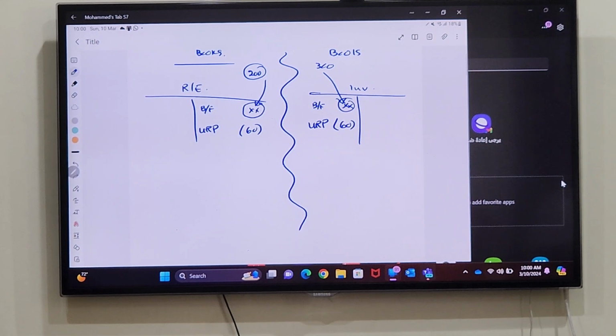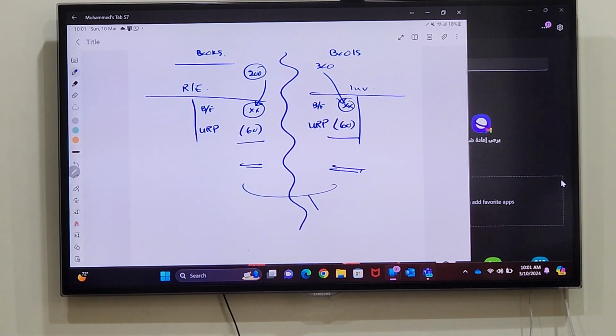It's not a double entry, it's an adjustment. So the net answer, you will take this to consolidation. This is from whom? Parent to subsidiary.